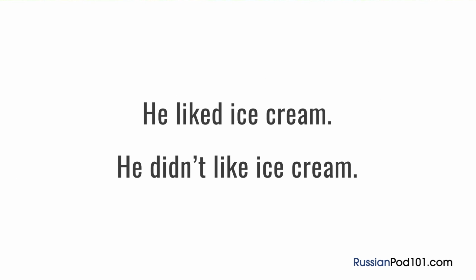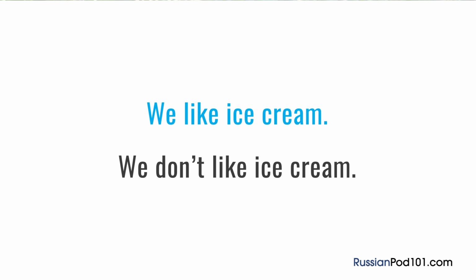In English, if you need to make a negative out of a statement, you need to carefully choose the right form of the auxiliary verb, do, for example, and make changes to the word order. So, he liked ice cream in its negative form becomes he didn't like ice cream. We like ice cream becomes we don't like ice cream.